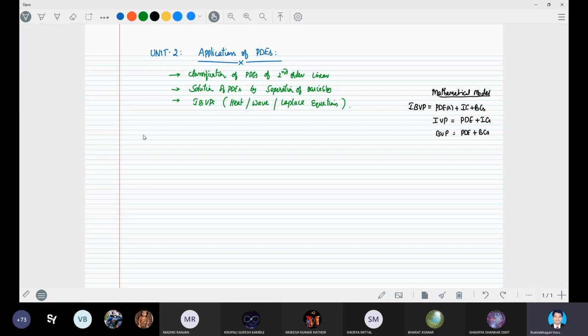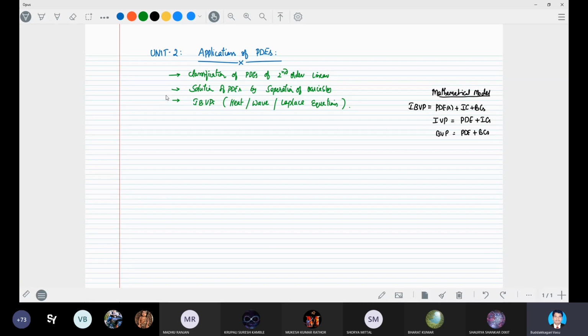The method of separation of variables, right? So solving PDEs with the initial and boundary conditions through the Fourier series is called the Fourier method or method of separation of variables.